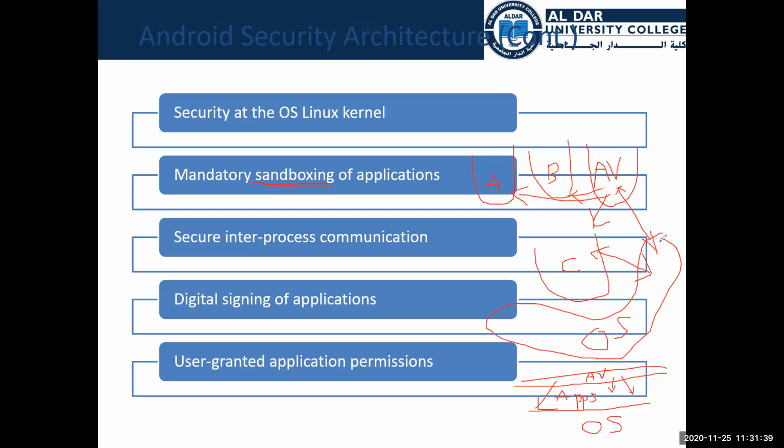There is no direct control for any application on the operating system. That's why you have to understand the concept of sandboxing. You are dealing with mobile applications, separated applications. It's not layered applications like Windows operating systems.